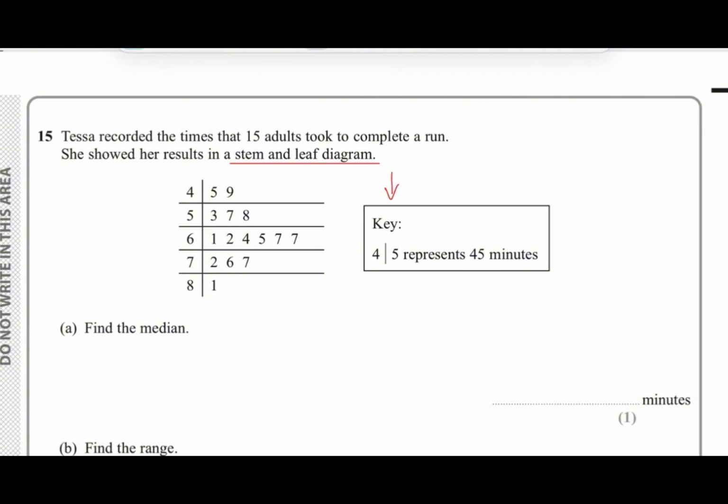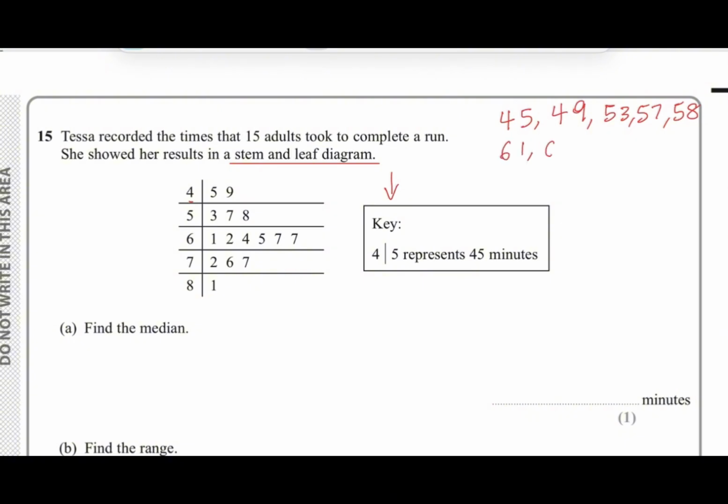So the first 2 you've got is 5 and 9 and 4. So take the first number, that's 45. Take the second number, that's 49. Go to the next one, take the first number, that's 53. Take the second number, that's 57. Take the third one, 58. And it goes on like that. So you can pause the video and give this a go.